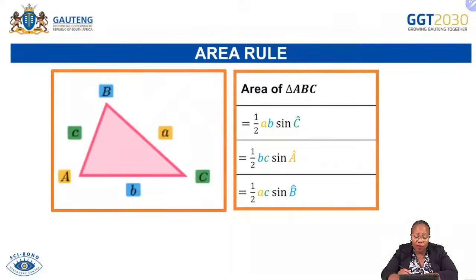For the area rule, again, you must be given two sides and included angle. That means you must be given a and b and included angle. Included, it must be between those two given sides. So that means for cosine rule and area rule, you must be given two sides and included angle.